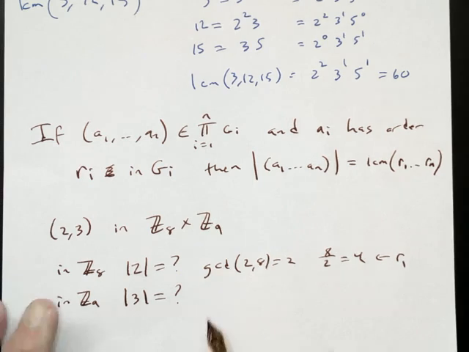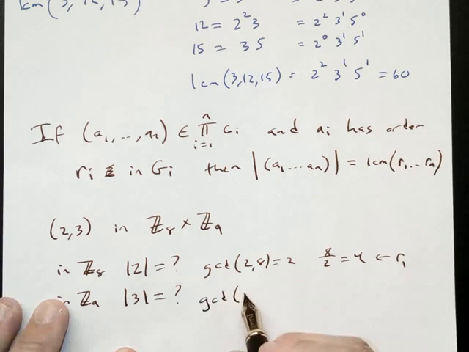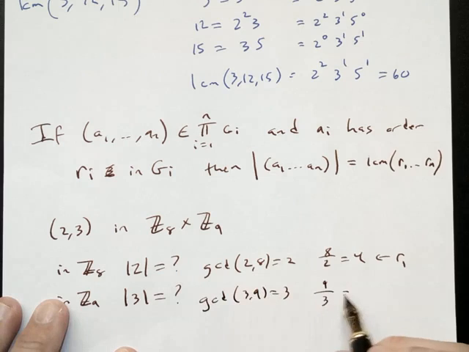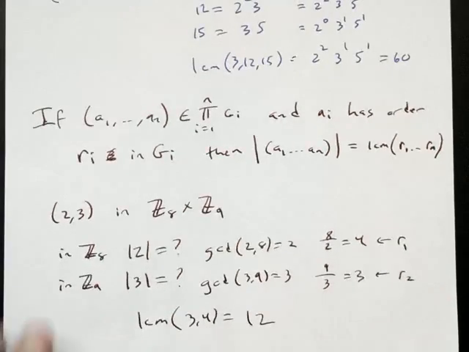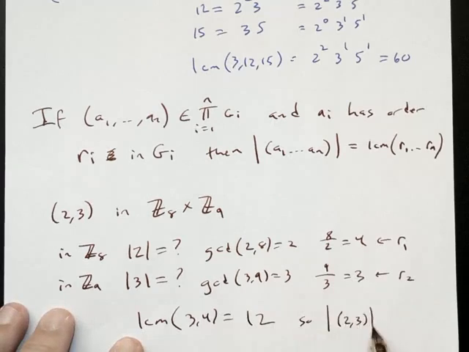Again, my greatest common divisor. Take the order of the group and divide it by that greatest common divisor. That's r2. What is the least common multiple of 3 and 4? That was easy. So the order of (2, 3), the size of the subgroup generated by (2, 3), will be 12.